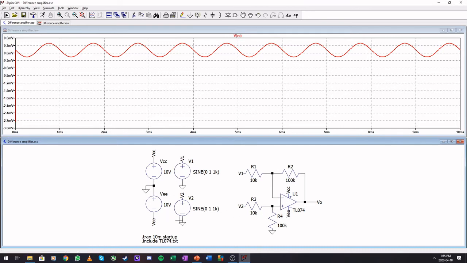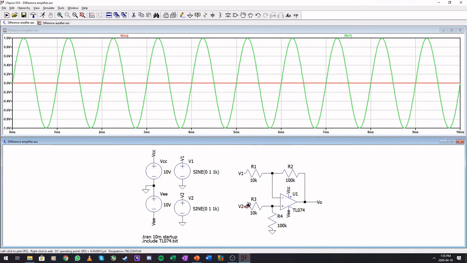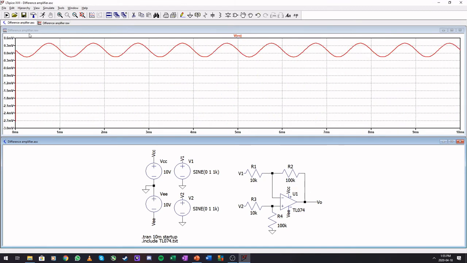So this means both of these signals have been subtracted from one another, and there is a bit of a remainder left on the output. We will have a look at what's going on here with common mode in the next section, but we can see that the subtraction is happening, but there is still a bit of a remainder.